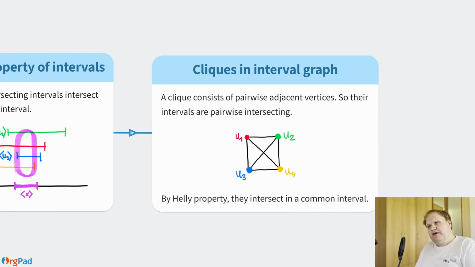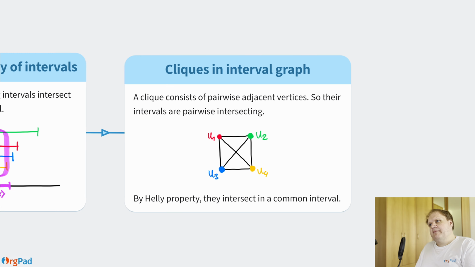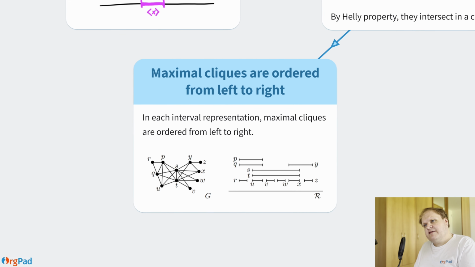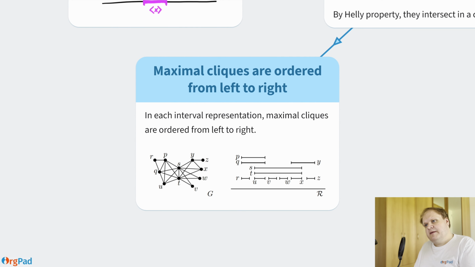In the language of interval graphs, when we have some clique, the clique is consisting of pairwise adjacent vertices, so their intervals are pairwise intersecting. By the Helly property, in every interval representation there is some common intersection for the clique. So when we have a maximal clique, it has to be placed somewhere.